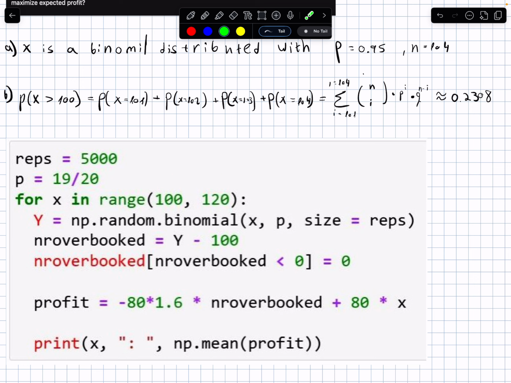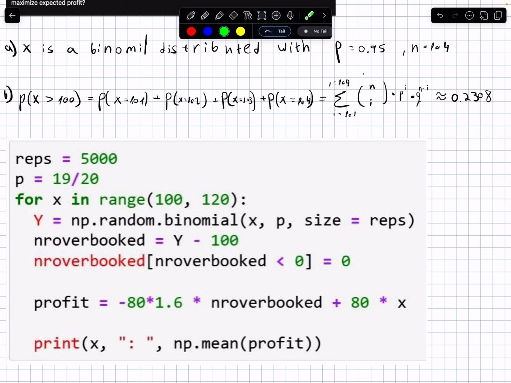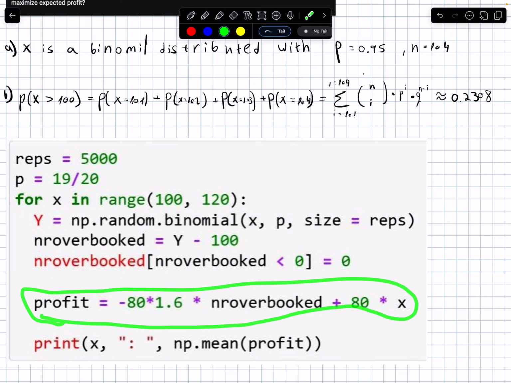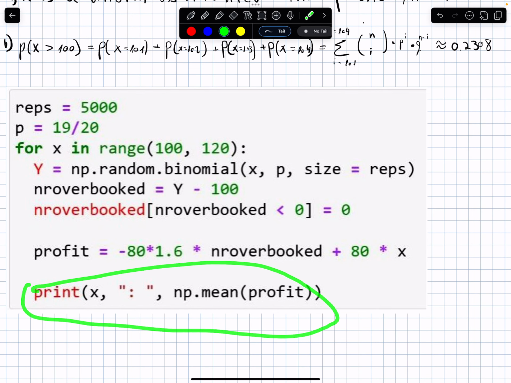Okay, so this is to get how many people are arriving, with X, P, and the amount of reservations. Now we want to see how many times we have overbooked, and then we want to see what our profits are, and after we get our profits we print it.